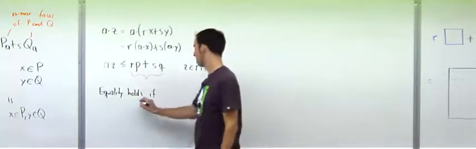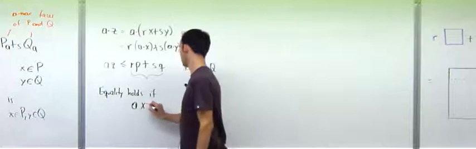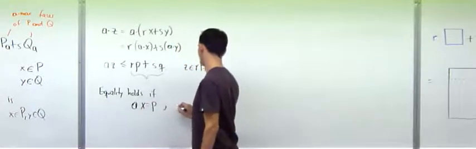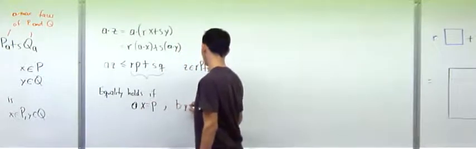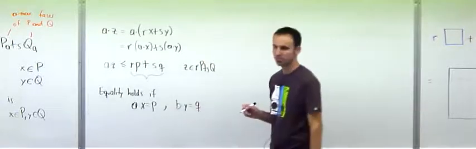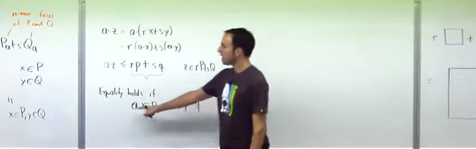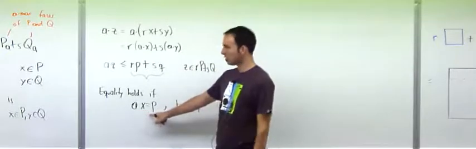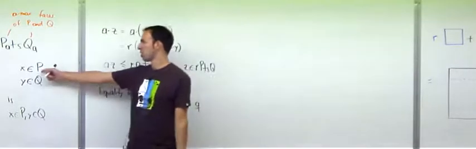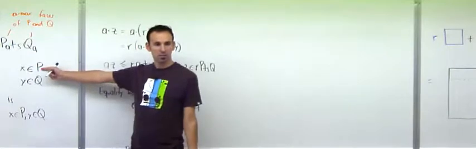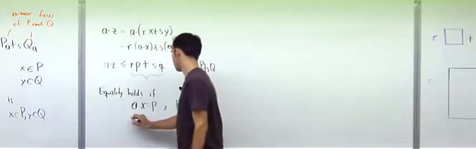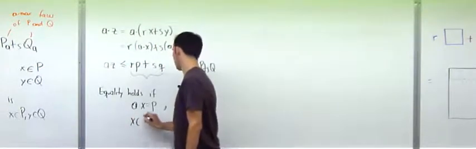So if a dot x equals p and a dot y equals q. Now, when is a dot x equal to p? Well, exactly on the face maximized by a, right? So this is true for x in the face P sub a.